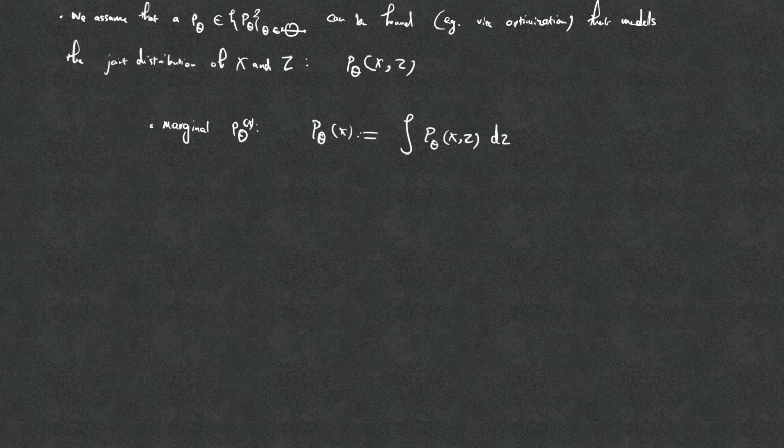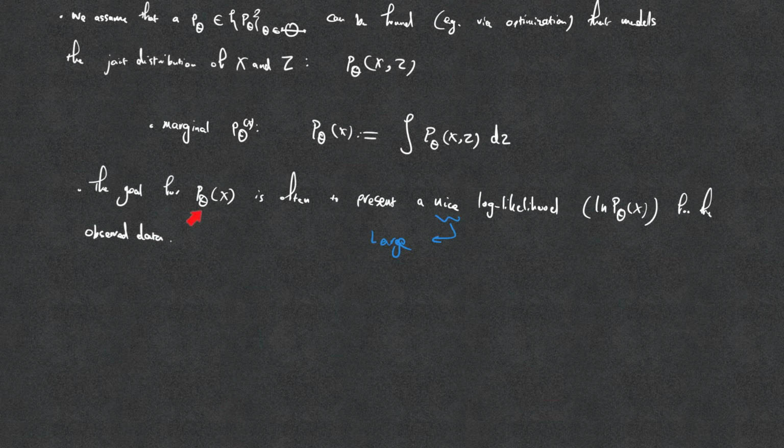Now, given that you have this p theta here, this marginal is going to correspond to this, meaning that you look at the joint distribution. By the way, this is a definition, but it's also true. So if you take p theta of x and z, you can integrate over the values of the latent and obtain this marginalized distribution p theta x. Usually it is not tractable because you have a lot of choices for the z here.